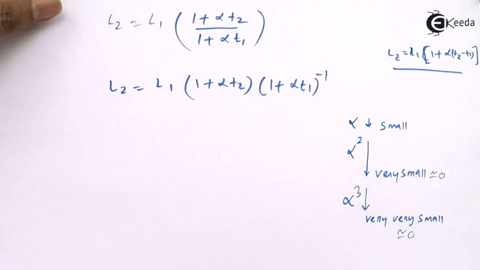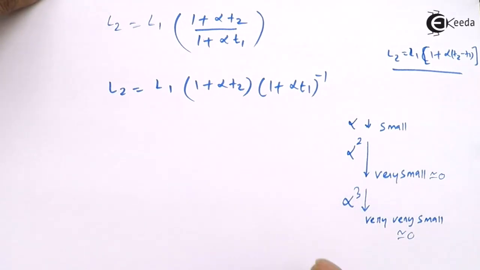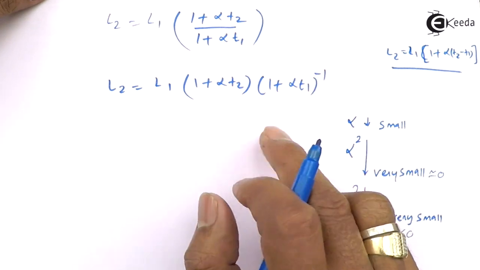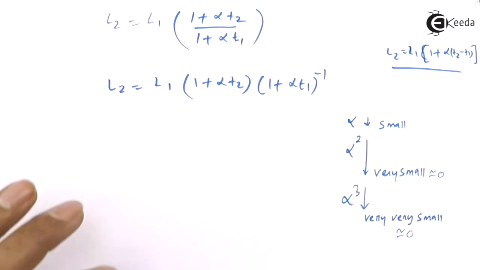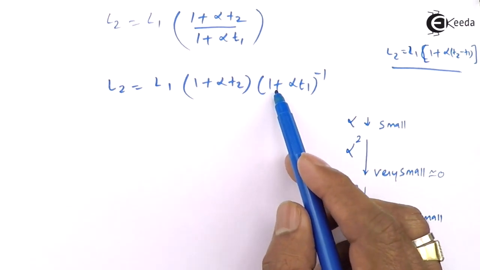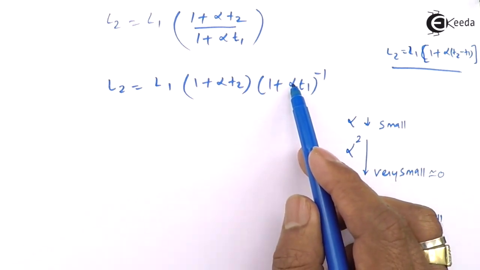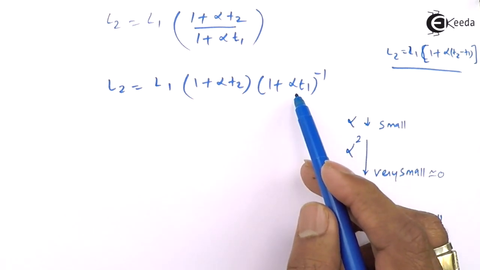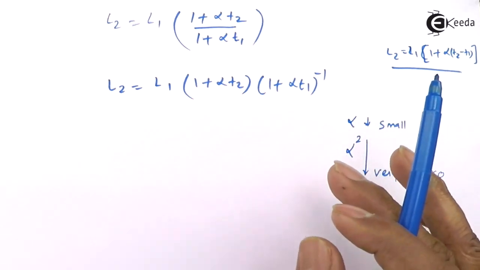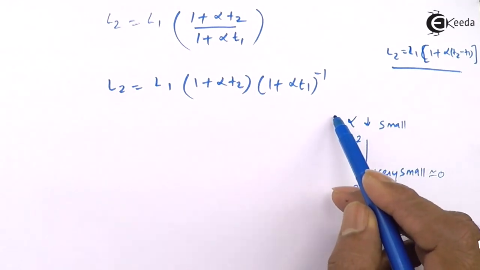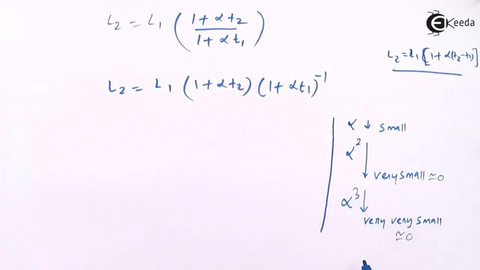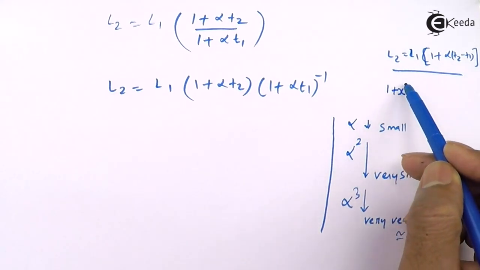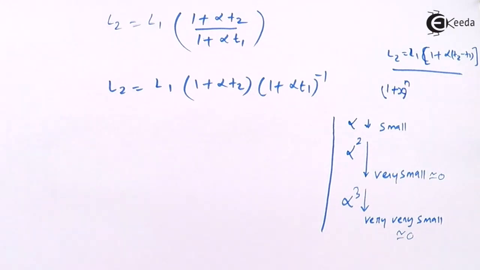If you make them 0, then we have to use the binomial theorem, 1 plus x to the power n. You must know that if you expand this term, 1 plus alpha T1 to the power minus 1, it is of the form (1 plus x) to the power n, a binomial expansion.